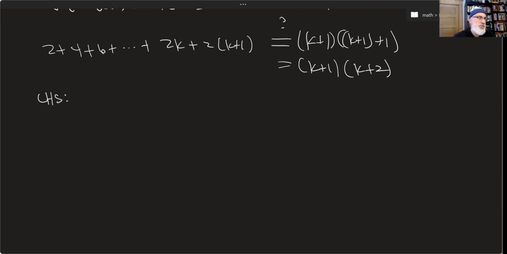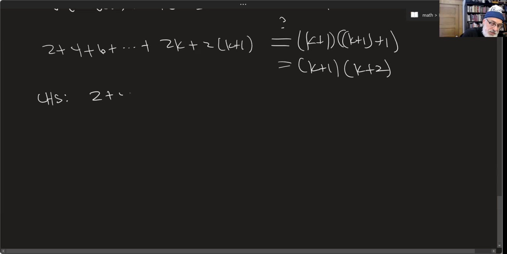And generally, I always pick the summation side, not the closed form side. So the summation side, I'm just going to write, that's the left-hand side. And I want to make this look like the right-hand side.